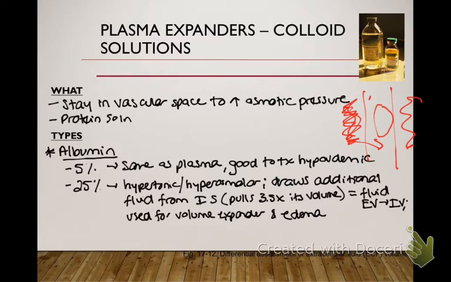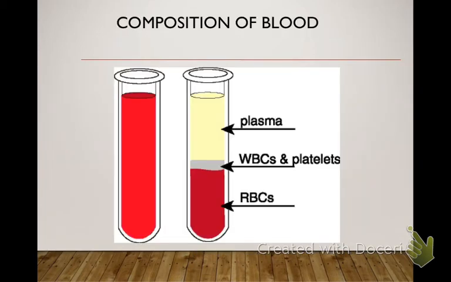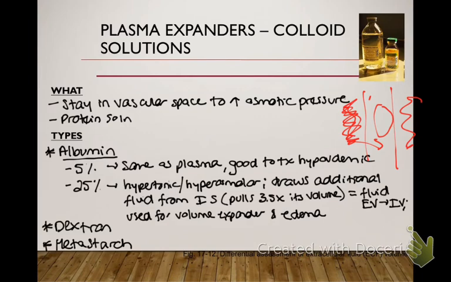And yes, things like volume and edema, it's really used. The other colloid solutions are things like dextran and hetastarch, but the one that you guys are going to see a lot and we're going to talk about is the albumin.